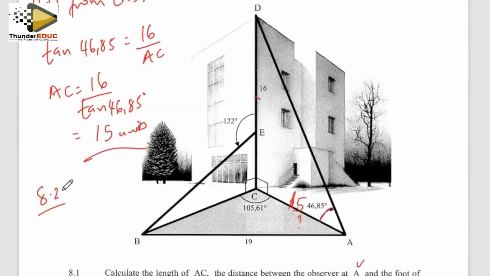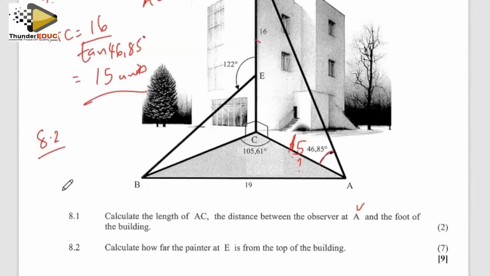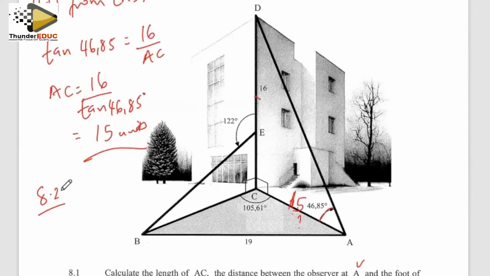8.2. They want us to calculate how far the painter E is from the top. In other words, we need to find this distance here. So for me to get that distance, I need to find what CE is. For me to get CE, I can find this angle.